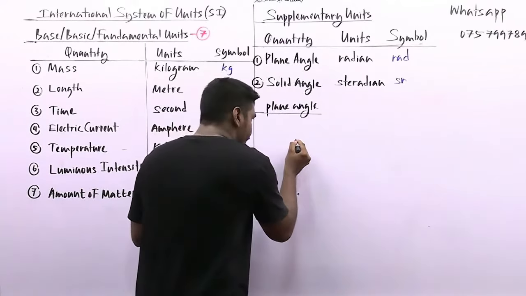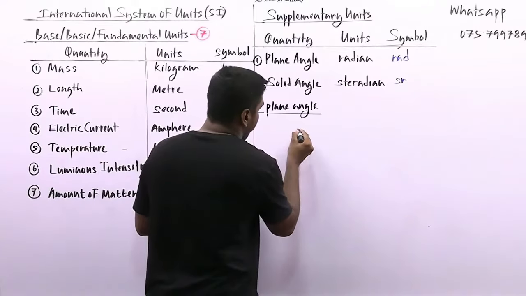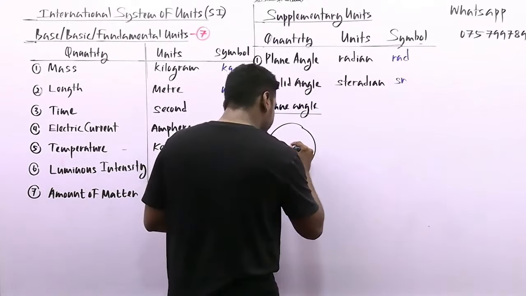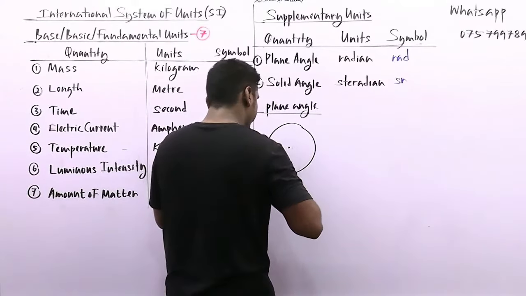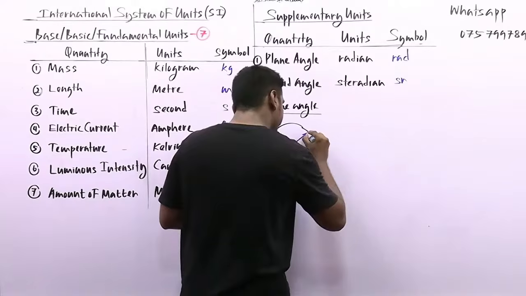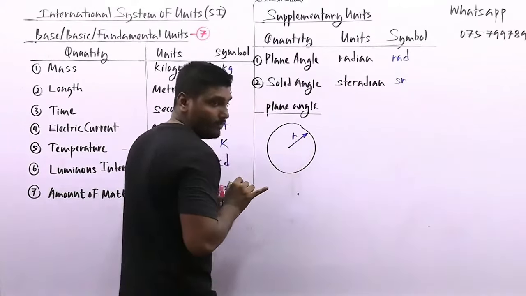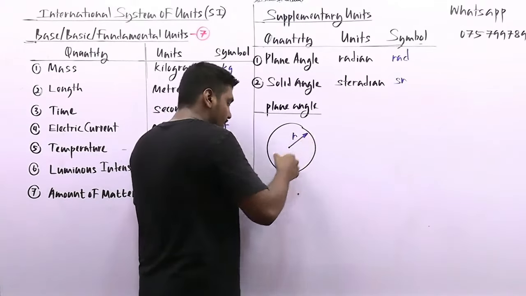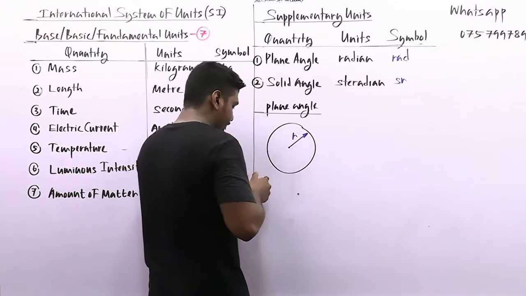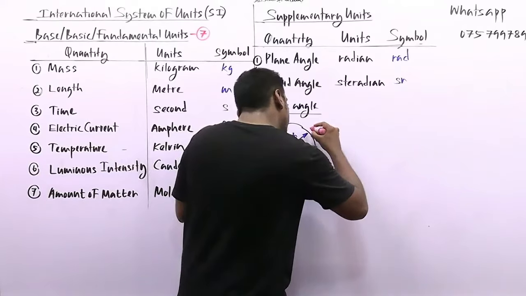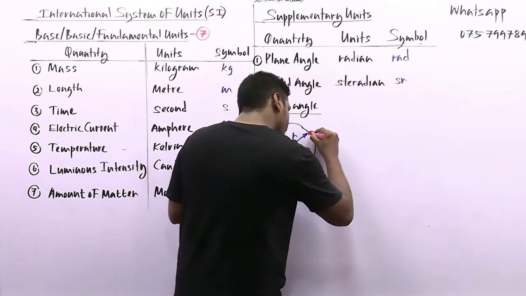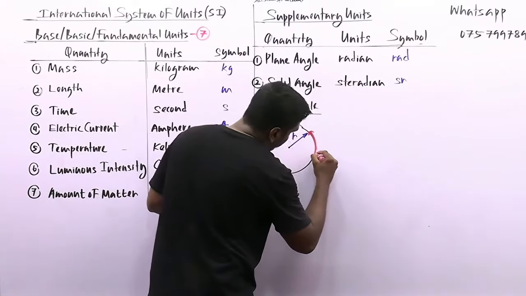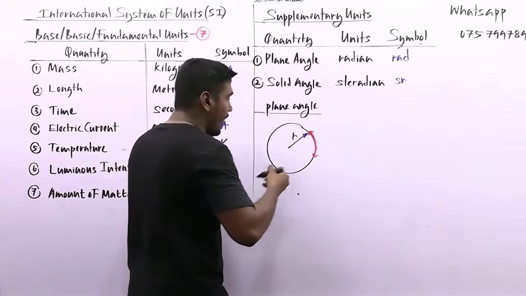The idea is, when you consider a circle of radius simple r, and you select an arc length, let's say the arc length is capital S, the circumference arc length. This is the arc length.